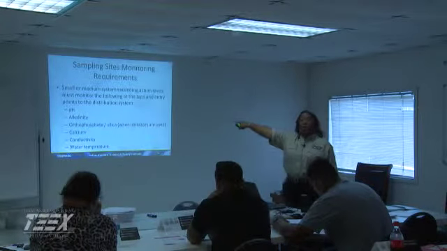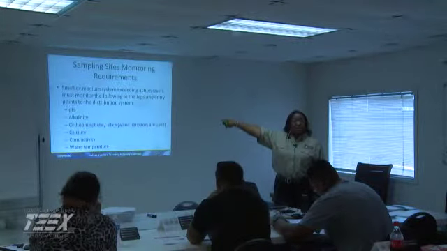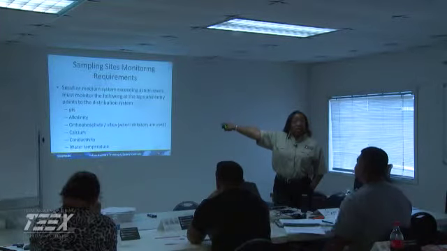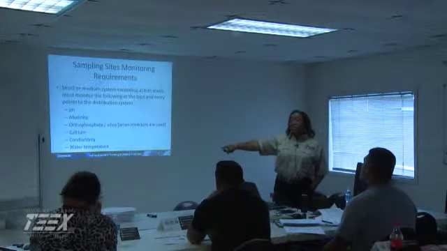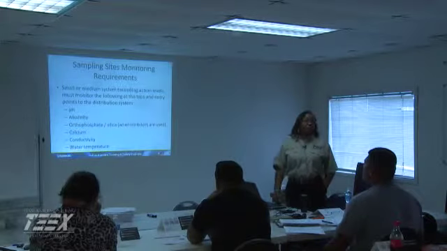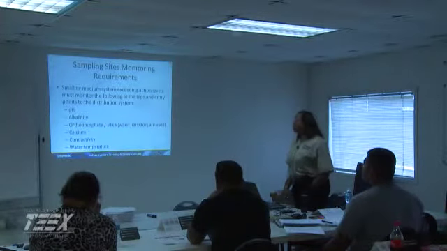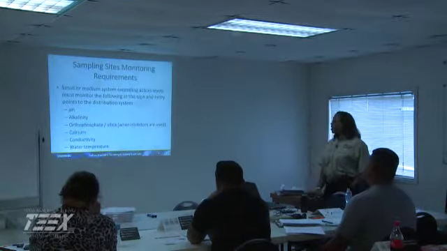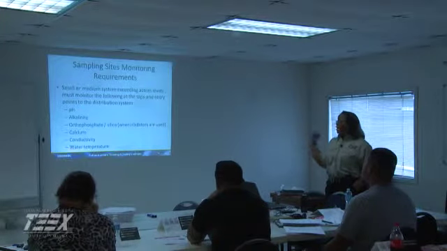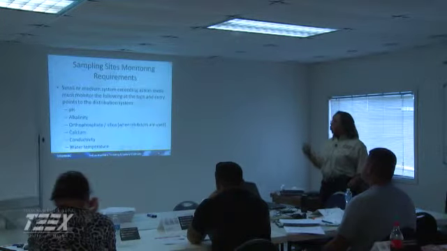This is where the water quality parameters come in. This is what they say. If you've exceeded, you must begin this analysis here. pH, alkalinity, orthophosphate or silica inhibitors if used, calcium, conductivity, water temperature.